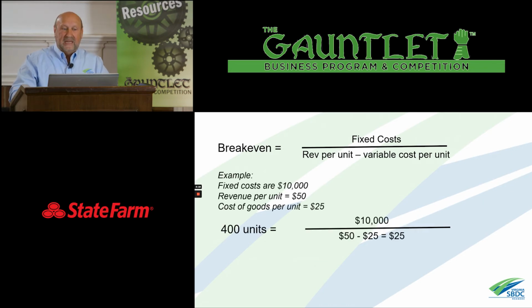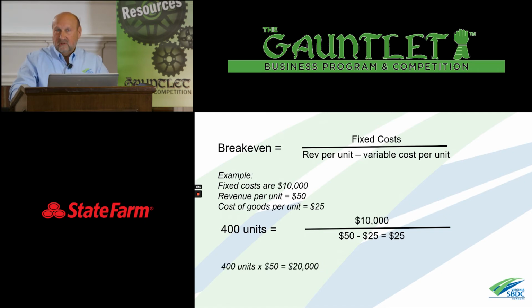So to give you an example, let's just look at this. Our fixed costs are $10,000. Revenue per item, so you're charging $50 for a widget. Your cost of goods for that widget is $25. So you do the math, and it shows you that in order to break even during the period of time you're measuring, and the measurement period depends on whatever you want to measure, is it a month, 6 months, or a year, but during this measurement period, you have to sell 400 units.